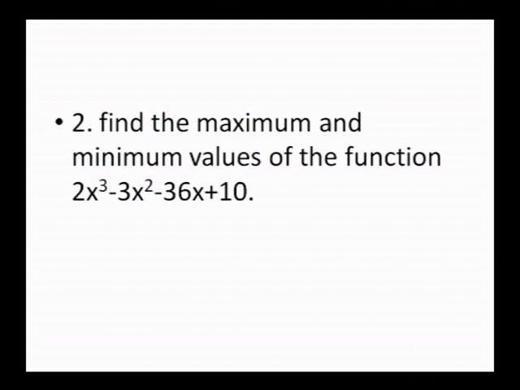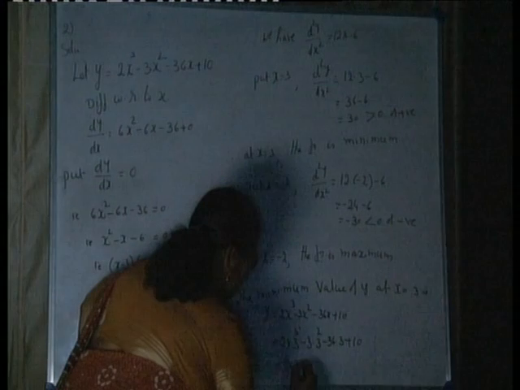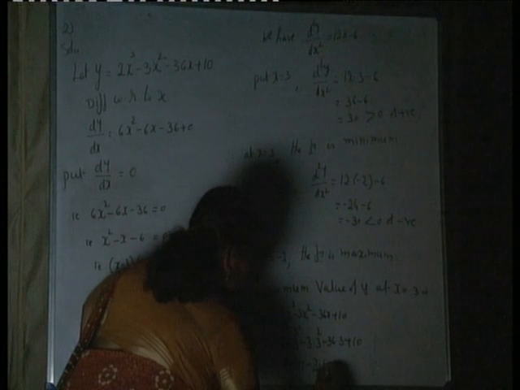We have to substitute 3: 2 into 3 cube minus 3 into 3 squared minus 36 into 3 plus 10. So, this is 2 into 27 minus 3 into 9.